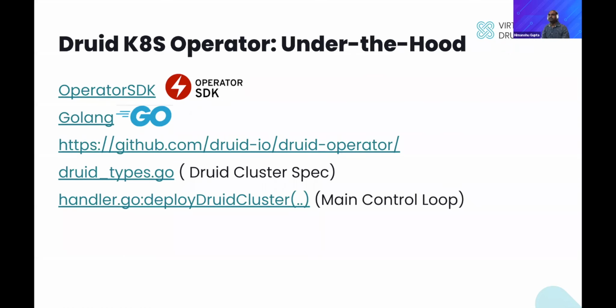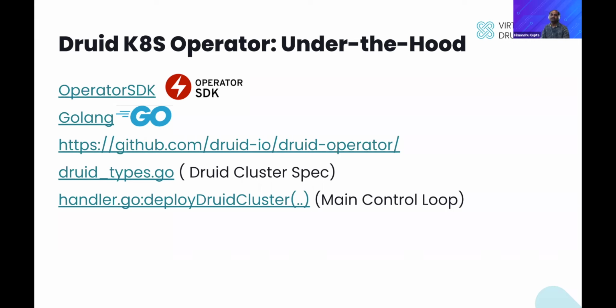I'll quickly talk a little bit about what's under the hood. Druid operator code uses something called Operator SDK. It is basically a library of code that you can use to write Kubernetes operators, because there are a lot of mechanical and boilerplate things inside this operator application, and you don't want to write all of them from scratch. So Operator SDK is a nice library and code generator that you can use to generate the operator scaffolding.